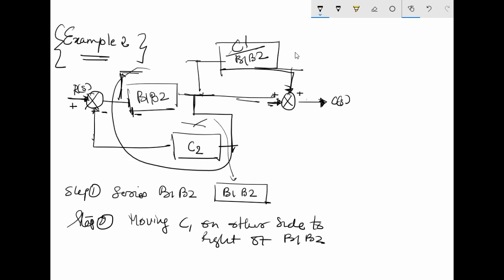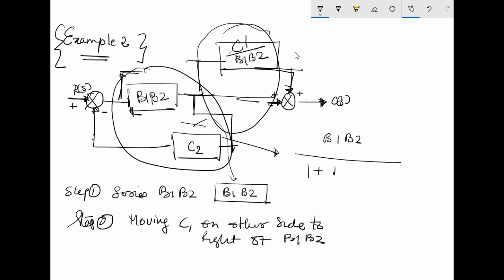Now you will have to solve both these transfer functions, and very clearly after solving you get B1 B2 divided by 1 plus B1 B2 into C2, and 1 upon 1 plus C1 divided by B1 B2.